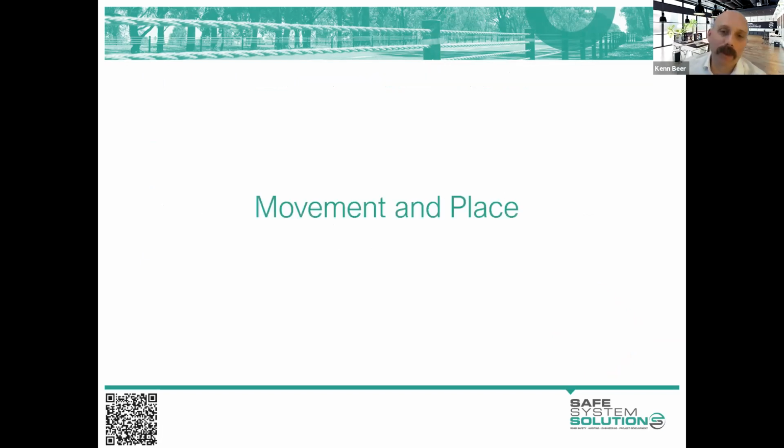So let's have a chat about movement and place. Movement and place really is a planning framework and how you think about characterizing parts of the road network into their function. And it's quite the way to go these days. One of the important things to acknowledge as you break down what movement and place means is to say, well, roads these days are more than just movement corridors.